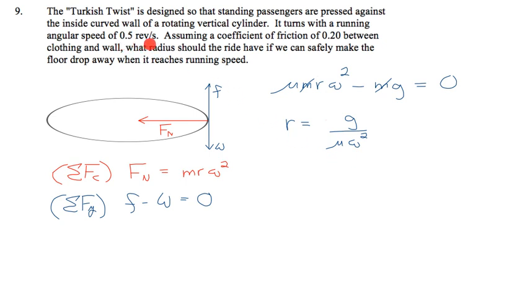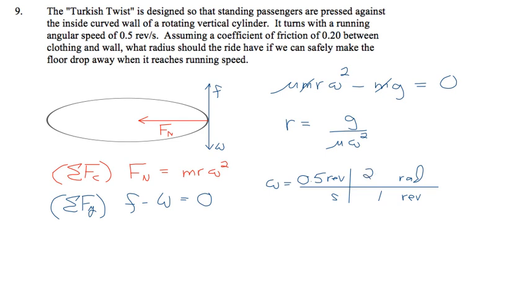Right now, the angular velocity is given in revolutions per second. So I am going to have to do a conversion to convert that into radians per second. So that's the next step. Omega is 0.5 revs per second. And I'm going to go from revs to radians. And in one revolution, how many radians do you move through? 2 pi.